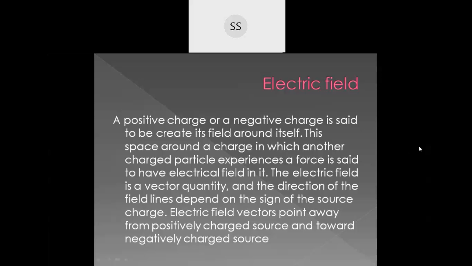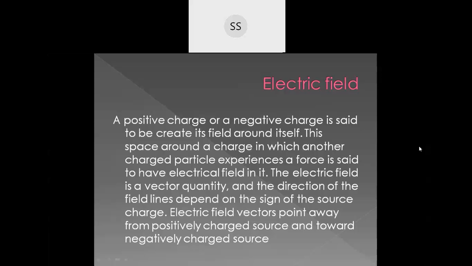That means the area around a charged particle up to which it can attract and repel another charged particle is called the electric field of that charged particle. Suppose we are taking a positive charge and we are bringing a negative charge near to that positive charge. When we bring the negative charge near to the positive charge, it will get attracted towards it.